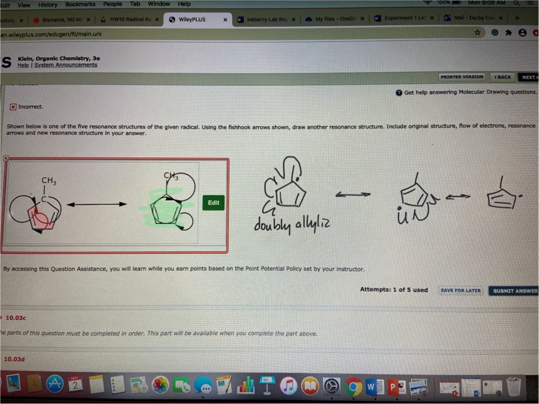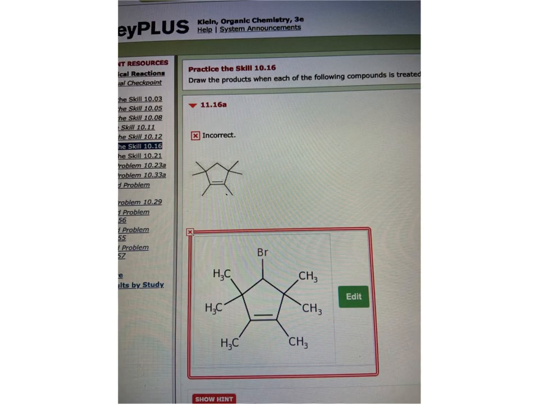But again, I'm not sure if it has to do with these arrows overlapping here, if that's an issue with the computer. But if you were drawing this, that's not the correct resonance form from what results from that arrow. So on this second one, basically you've done the substitution, the CH substitution, so that's not the correct location.